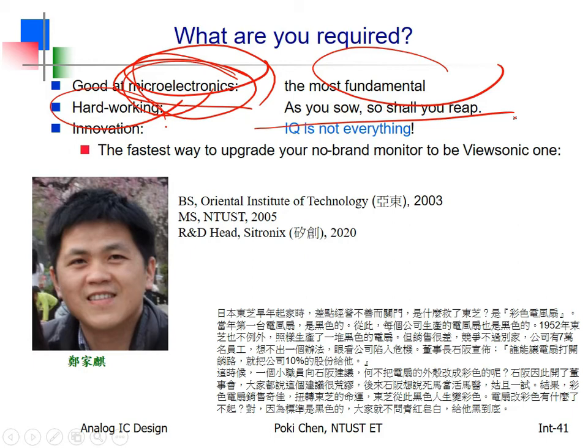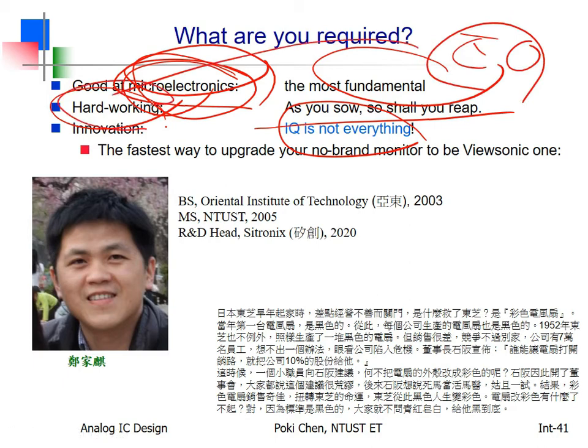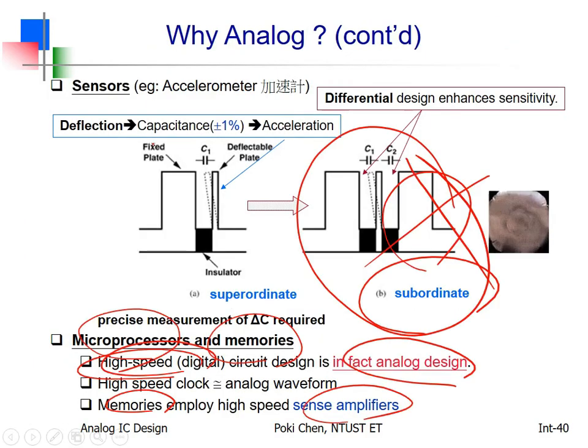But you say, hey, I'm smarter than the others, right? Sorry, IQ is not everything. No, sorry, EQ is much more important. EQ means what? Hardworking and then innovation. That's it. You need to be innovative to create something new, just like this.